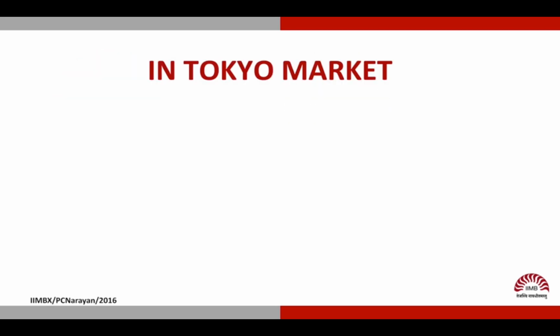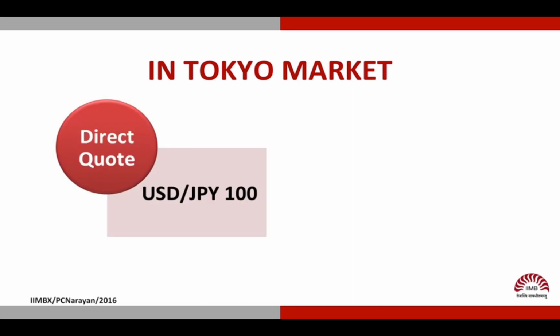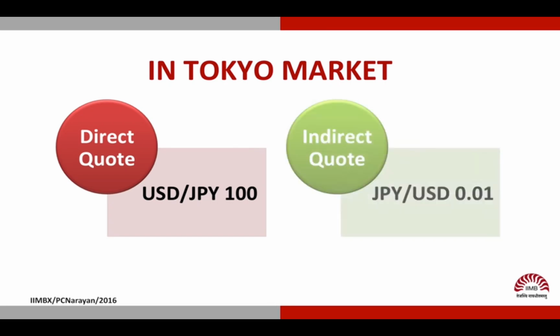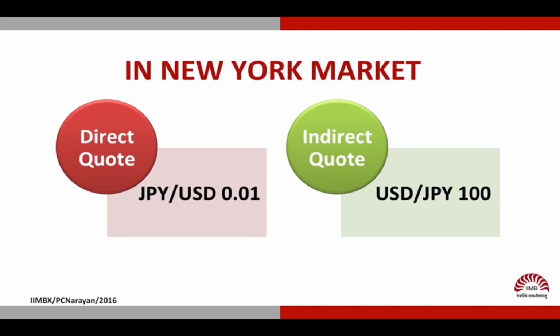Therefore, in the Tokyo market, USD/JPY 100 is a direct quote, and JPY/USD 0.01 or 1 upon 100 is an indirect quote, since JPY is the domestic currency in the Tokyo market. In the New York market, it would be the exact converse.